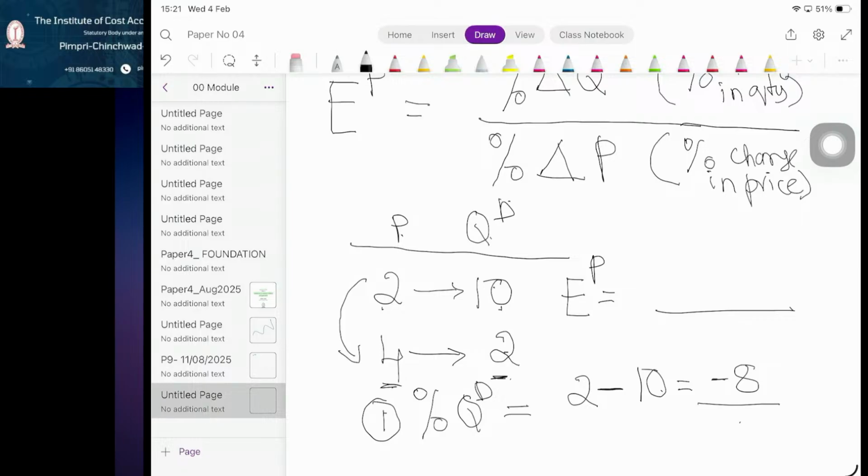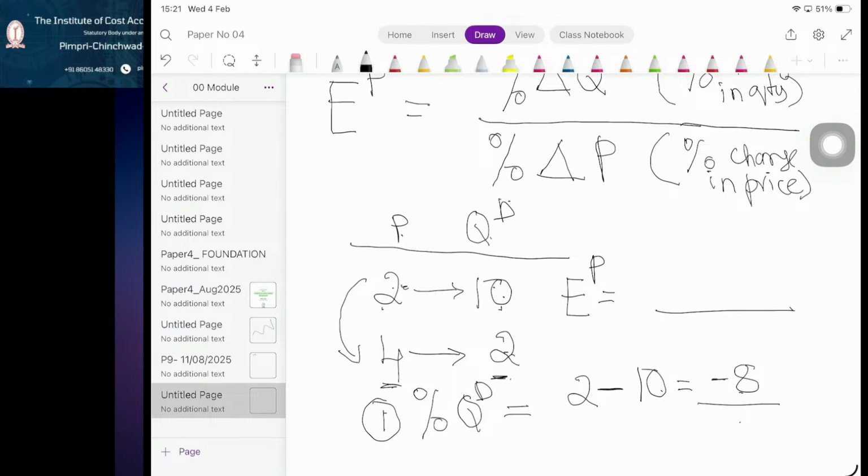Calculate the price elasticity of demand now. If quantity changed from 10 to 2, that is, it has fallen by 8. It fell by 8 units from what was the base? What was the demand before at price equal to 2?